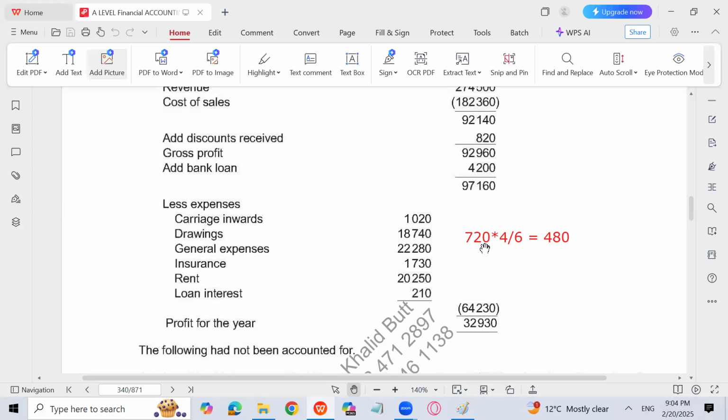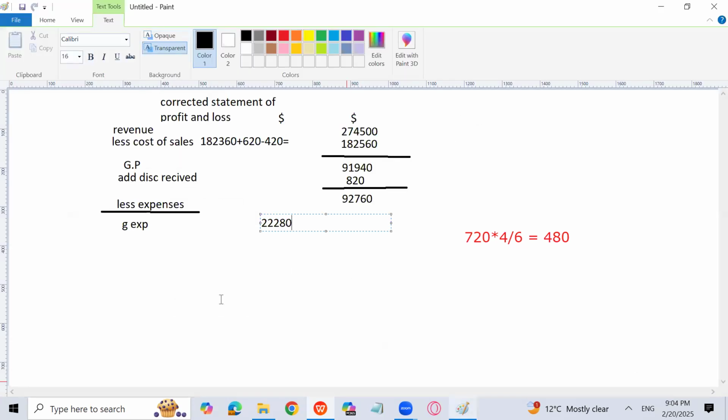The next expense is insurance, 1,730. You know that of the insurance included in the insurance account, 4 months out of 6 months is prepaid insurance, which is 480. So for insurance, I will write 1,730 minus 480. What is the amount going to be?